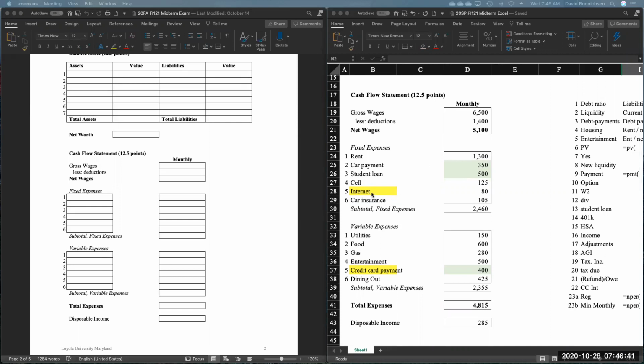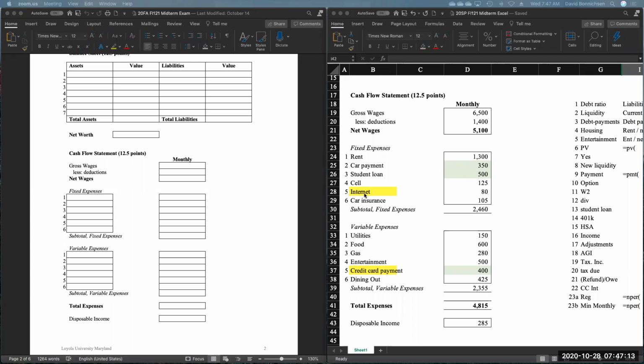And the mistakes that were made here were the two same mistakes consistently throughout the midterm, and it was considering internet to be a variable expense, and it was considering credit card payment to be a fixed expense. Your credit card payment is not a fixed expense because you have control over how much you pay every month. Okay, so it can vary depending upon whether you have no balance or whether you carry a balance and how much you're paying off your balance each month.